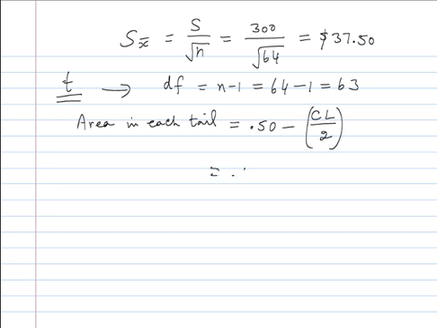So this will be equal to 0.50 minus confidence level 0.99 divided by 2. So this will be 0.50 minus 0.4950, and this gives us 0.005. So the area in each tail of the t-distribution is 0.005.